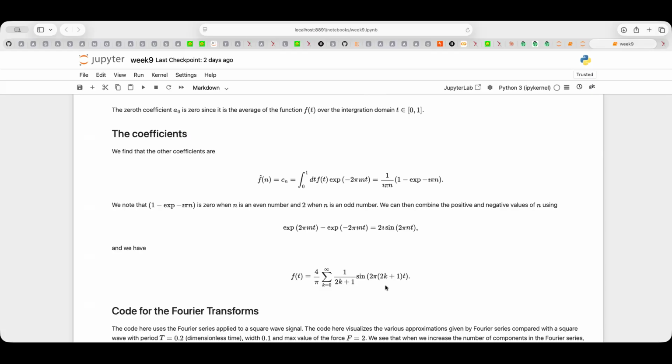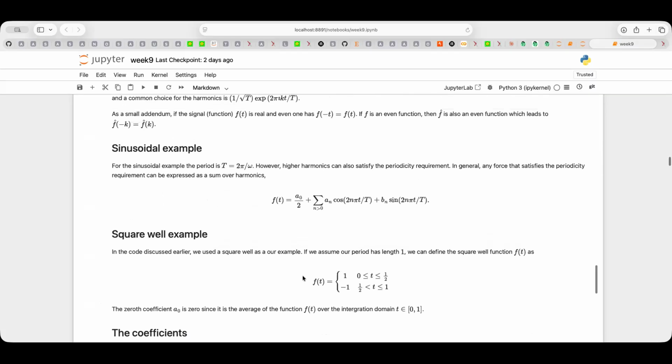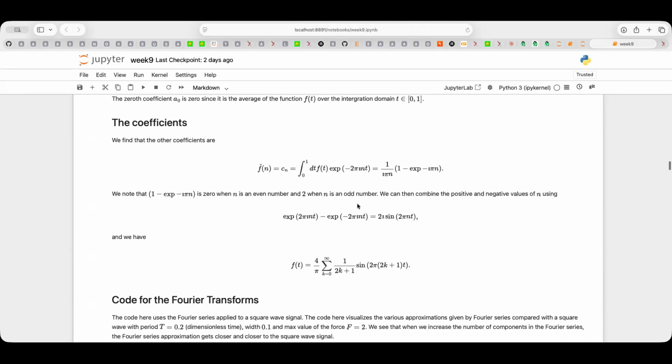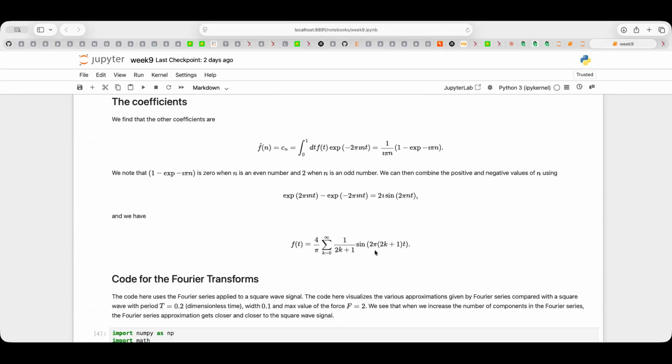As soon as you have these coefficients, you can set up an expression for the square well wave signal. If f of t is your square well, then you can express it in terms of these sine functions here.